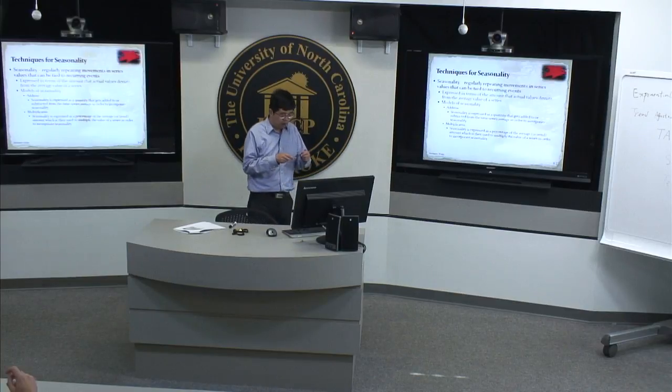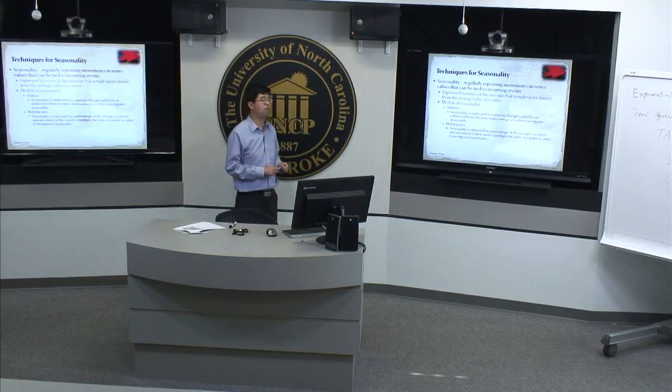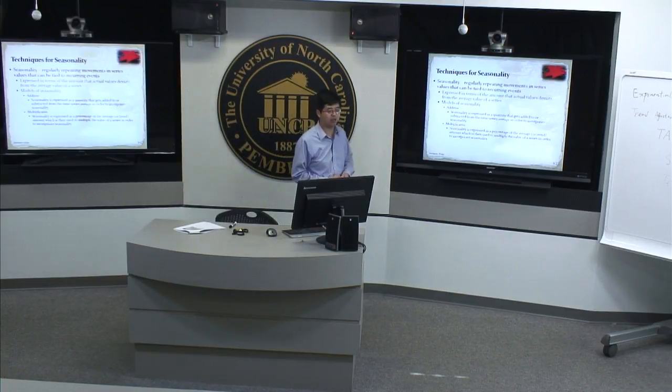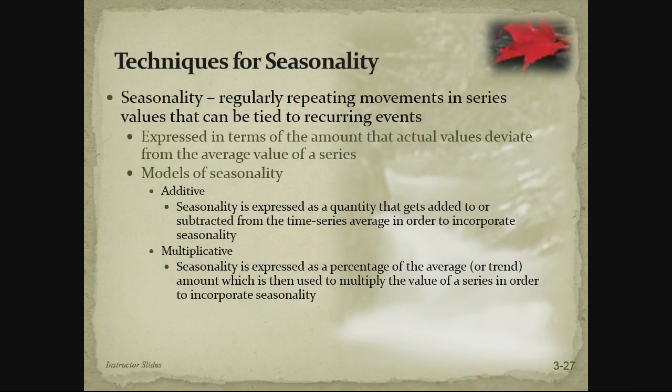Next we'll talk about a very important pattern for our forecast, seasonality. We have discussed that so many products have very strong seasonality, so we have to pay a lot of attention to it. By definition, it's the regularly repeating movement of a series value that can be tied to recurring events.